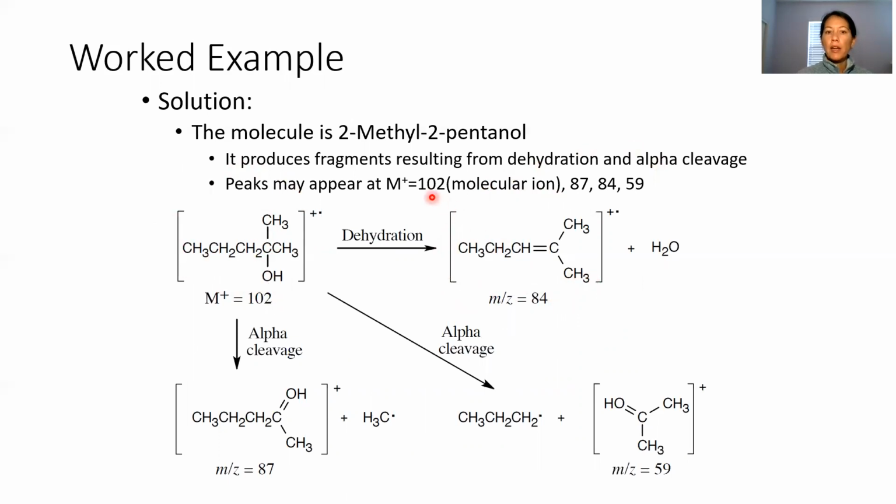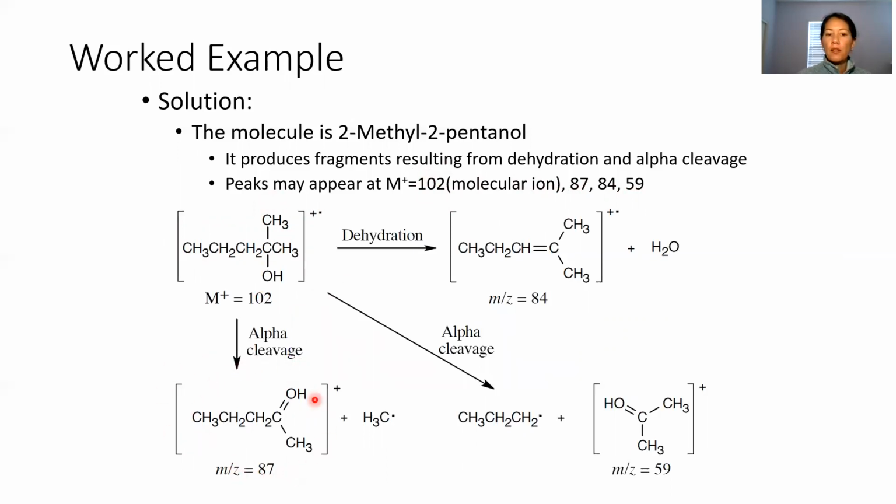So the molecular ion, not the base peak though, it's the parent but in smaller amount, and then you would see 84. There are 2 others you'll also see because of the alpha cleavage. So alpha cleavage just cleaves next to the carbon attached to the OH. So you could cleave and remove this propyl group, or you could cleave and remove a methyl group. If we remove the methyl group, you'll end up with your OH still.